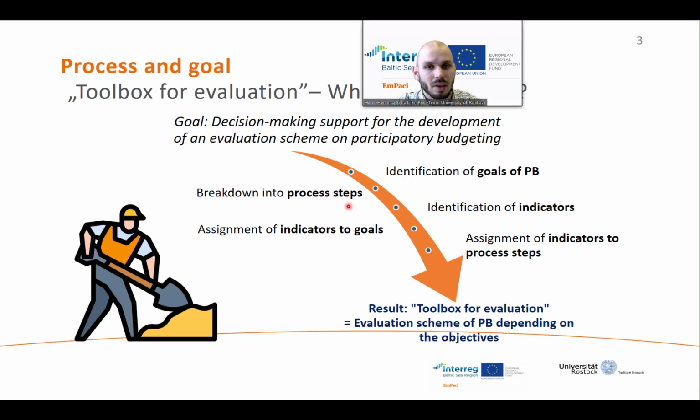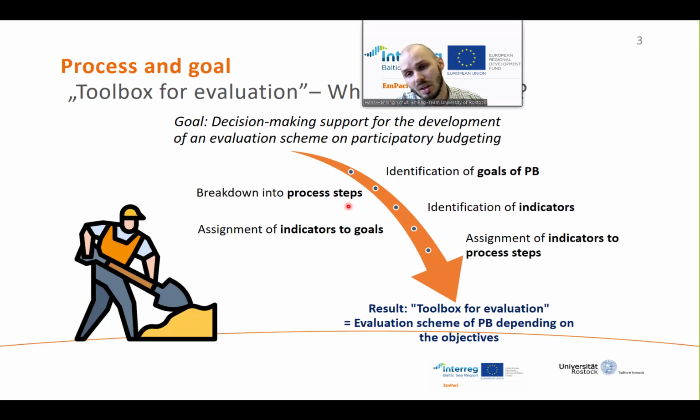So currently there are about 7,000 PB processes in the world, and maybe there are not the same PB process twice in the world. And these different process steps maybe cause different indicators.